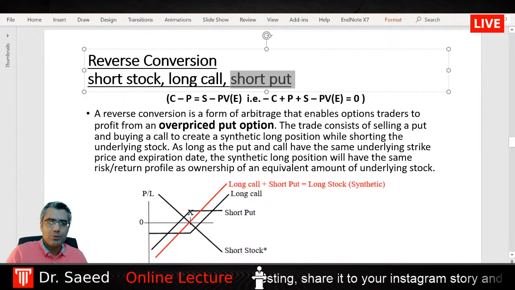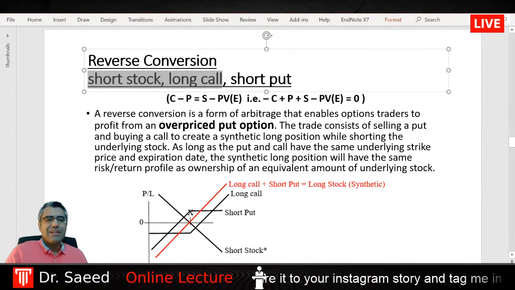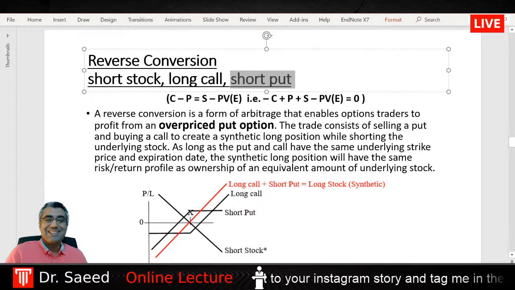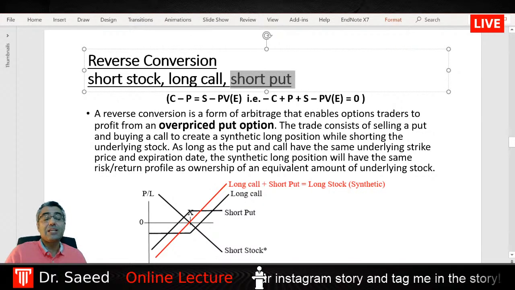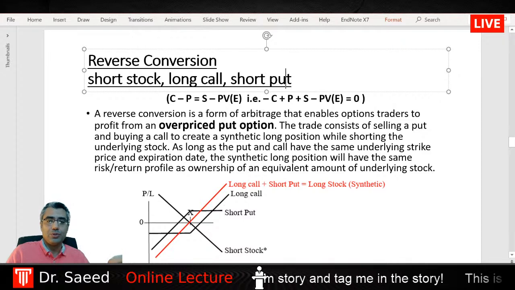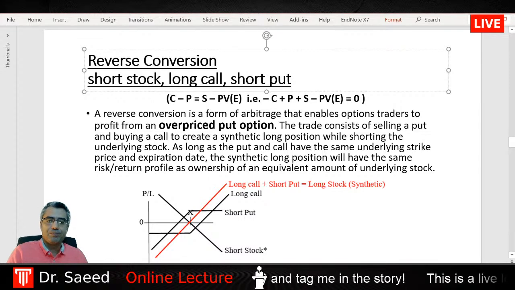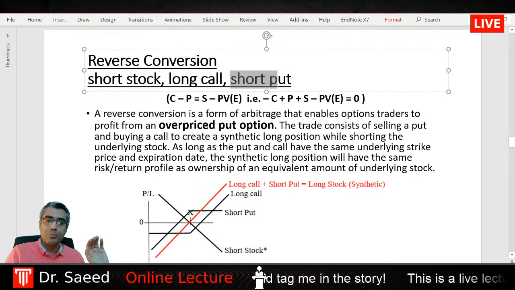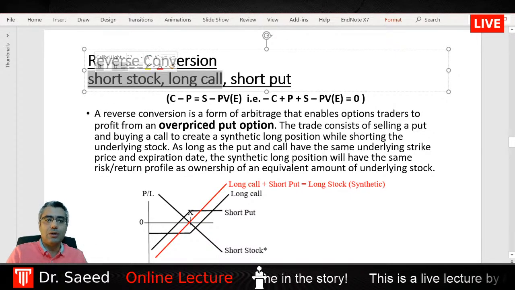So what we do, we short stock and long call. You may ask why we don't long put. Because there is a mispricing in the put price in relation with call and stock price, there's no point to short put and long put. The mispricing comes from the relationship between these three. So you need to offset your short put with a combination of others, meaning long call and stock.